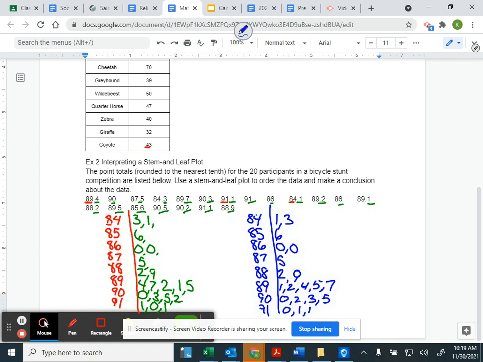So our question is, draw a conclusion. So if we look, these were the point totals of our participants in the competition.